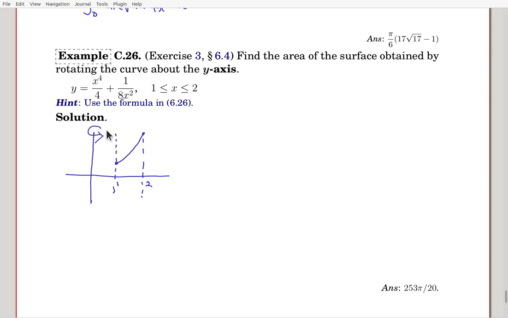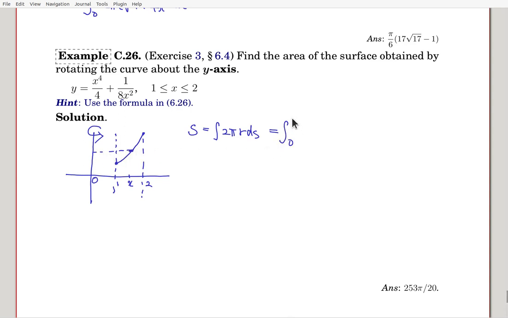For this surface area, the basic formula is 2 pi r ds. Let's try to get it with respect to x direction integration. Now x is moving from 1 to 2, so for each x, the rotation radius is r.